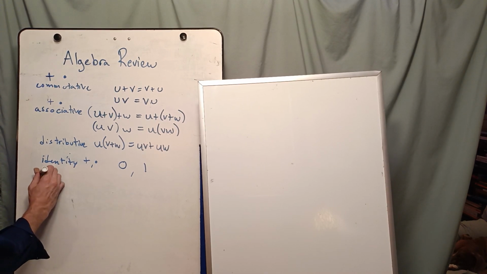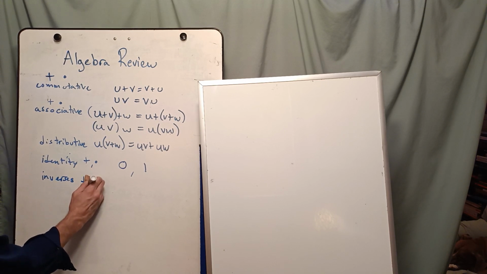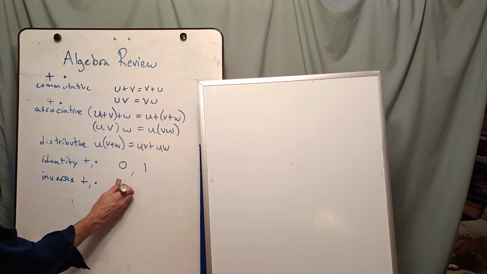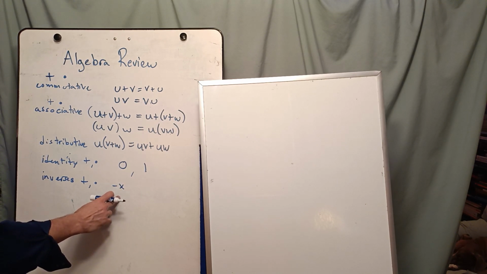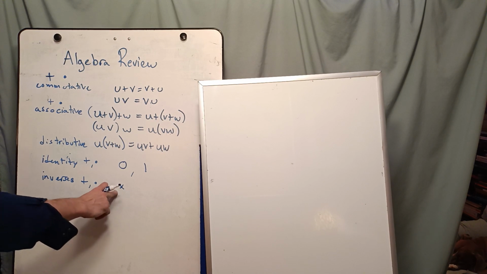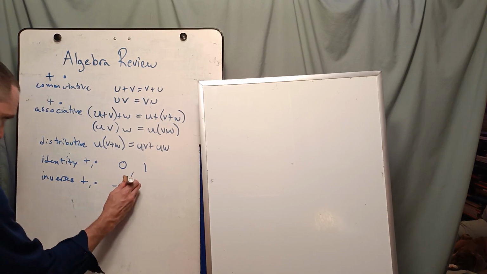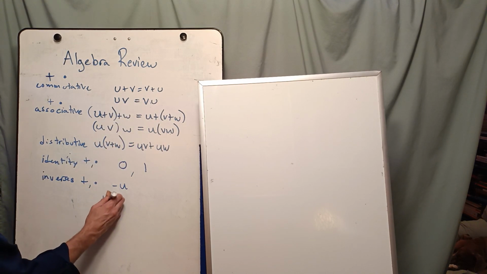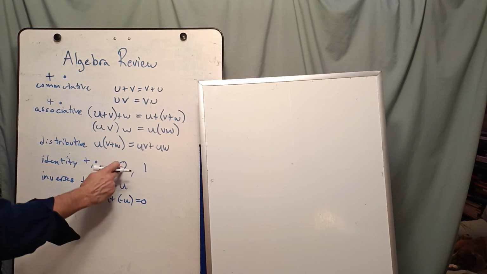And we had inverses for addition and multiplication. Namely, you could take negative x and add that to any x, and it would be 0. Or let's say negative u, to keep with what I've got up here. If you have u plus negative u, that's the additive identity.